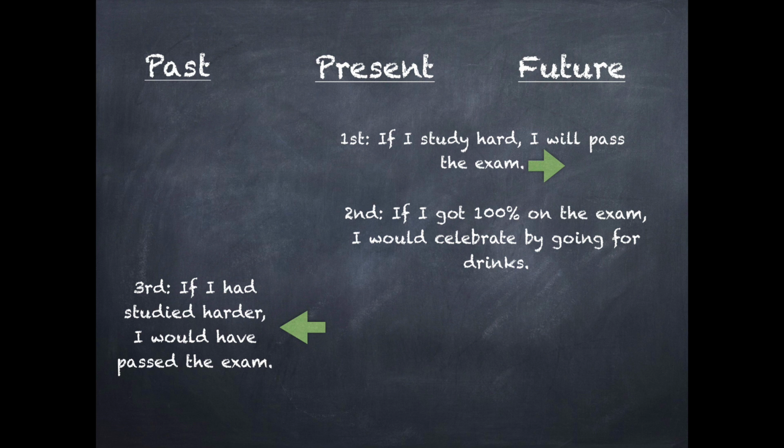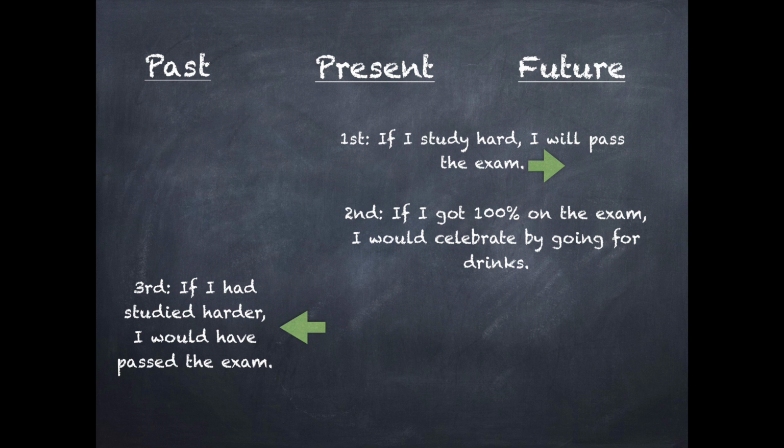Okay, moving on to the second conditional now. Let's imagine in this situation that this person didn't study. Okay, they didn't put in the hard work. So the possibility is that they're going to fail the exam. And at this point, they know they're going to fail the exam. So in this case, the person can say, if I got 100% on the exam, I would celebrate by going for drinks.